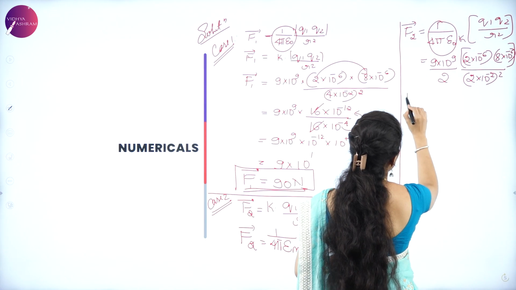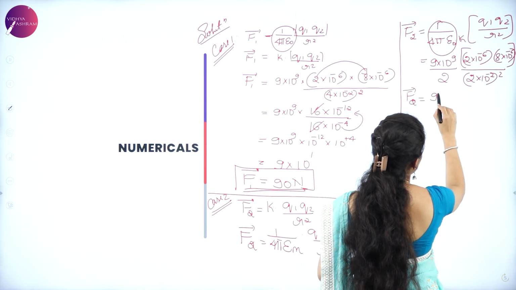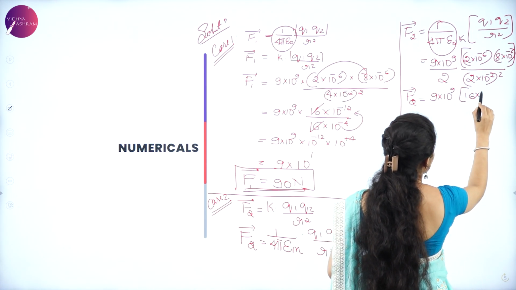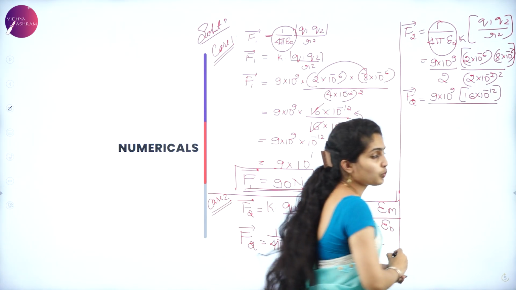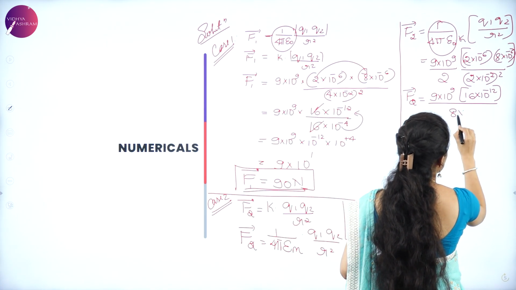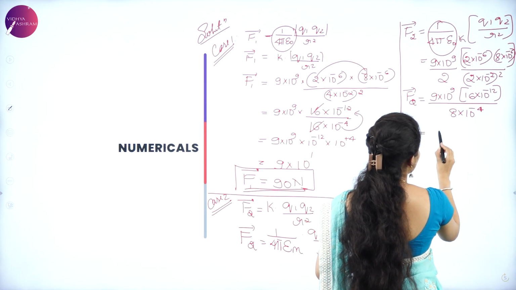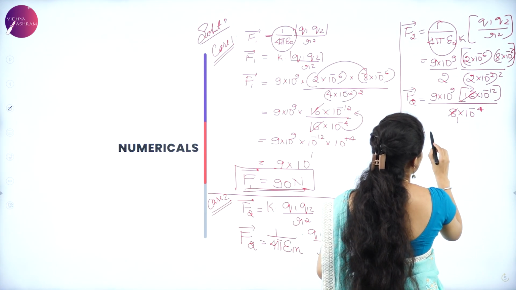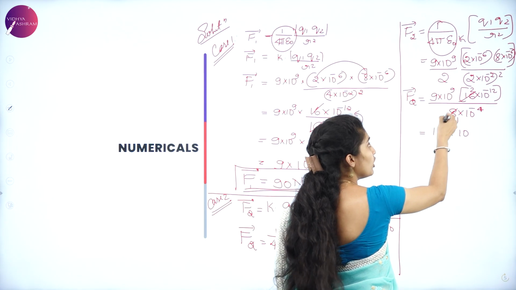Now we have force F equal to 9 into 10 to the power of 9, and we have 16 into 10 to the power of minus 12 divided by 2 square, which is nothing but 4. 4 into 2 is 8. I can write this as 8 into 10 to the power of minus 4, which is equal to 8 one time, 9 two times. So 9 into 2 is 18 into 10 to the power of, I'll sum up all my powers.